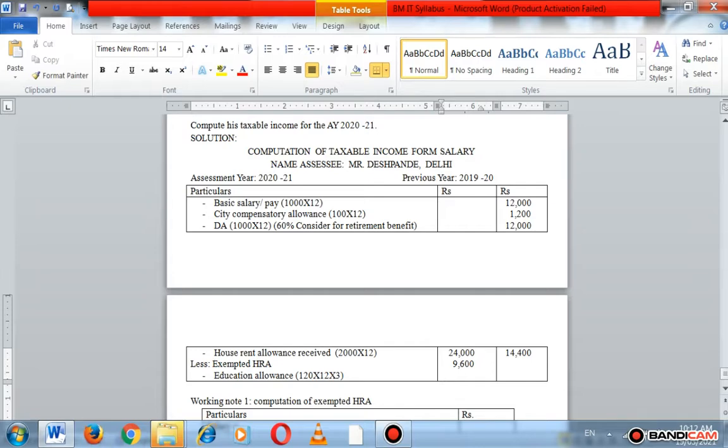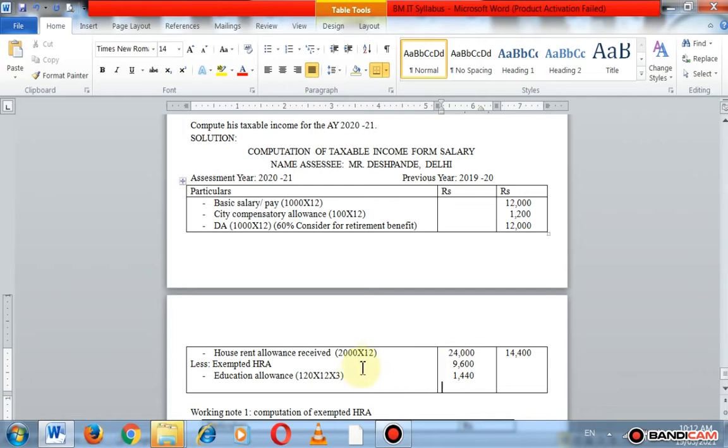That is the actual education allowance received, minus less exemption. The exemption given to the education allowance is rupees 100 per month per child, maximum 2 children.